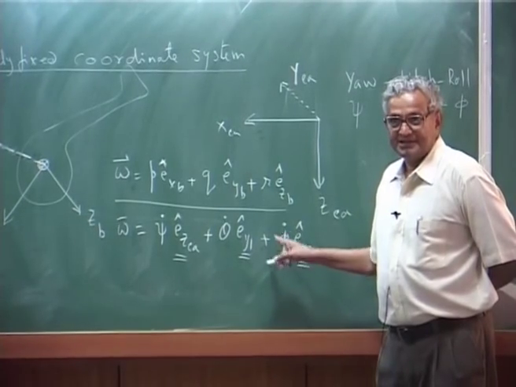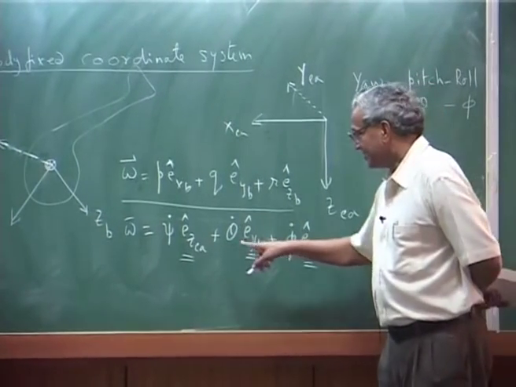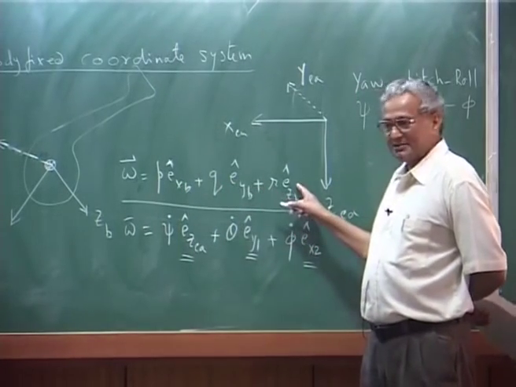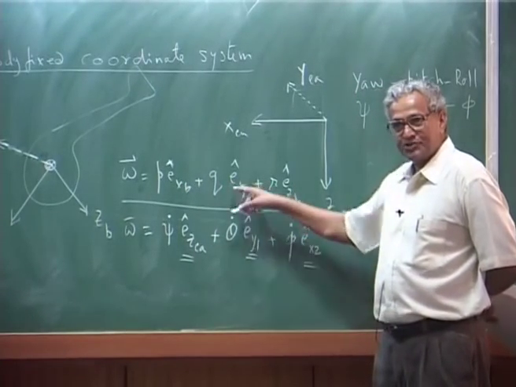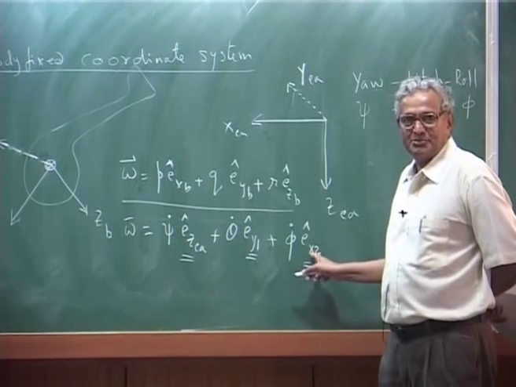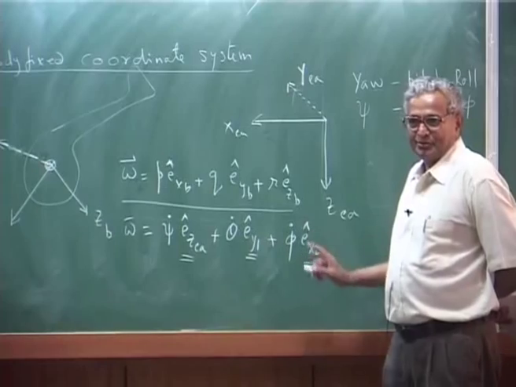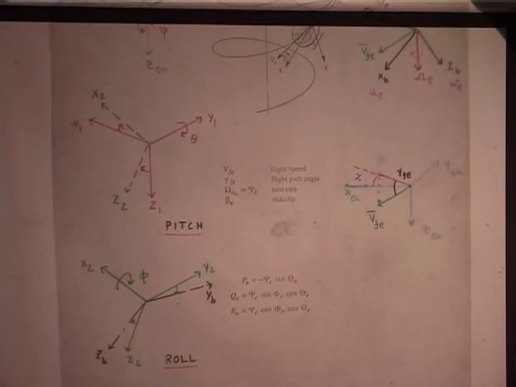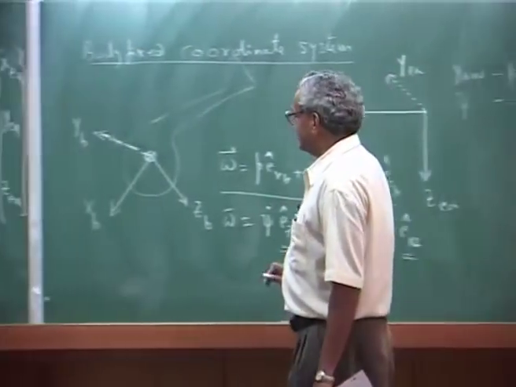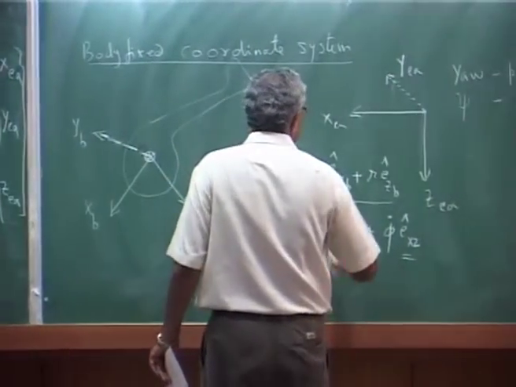You can get the transformation from z earth to xb, yb, zb. y1 also you can transform, but phi dot is actually along the body, because that is x2 which will be the body axis. If you do the transformation, you will get this relationship.